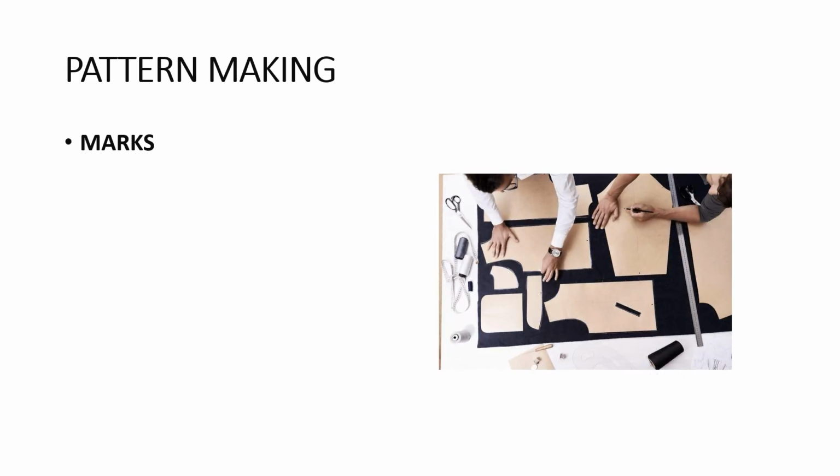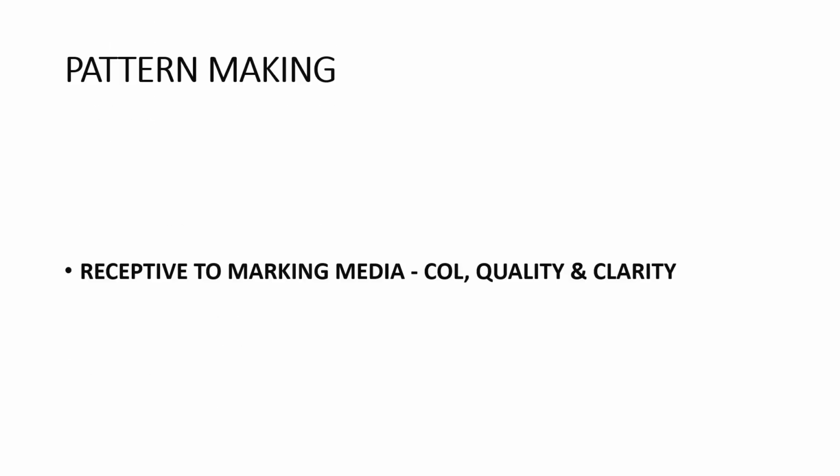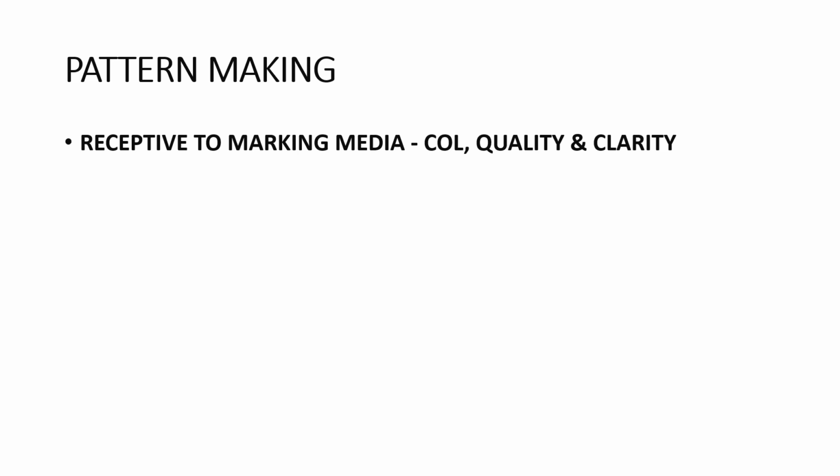Now in pattern making, another important part is the marks, how you are marking, especially in the manual pattern making process. So marking is very important here. Then the pattern making area must be receptive to color, quality and clarity.